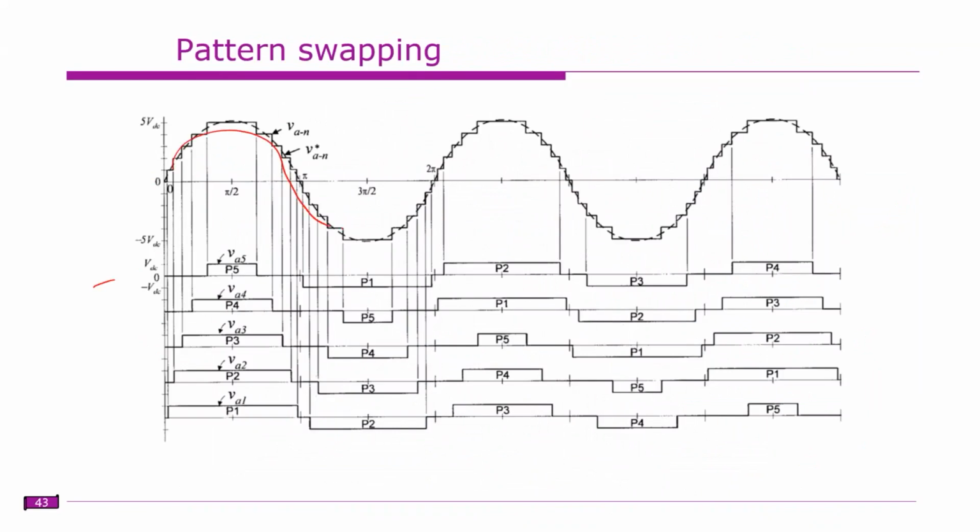In one cycle, this is the output of the first one, second one, third one, fourth, and fifth. So their roles are changed. Now the fifth one is producing the output of the first one, and likewise. So what is the result? In the second cycle it happens like this, and this is the third cycle.